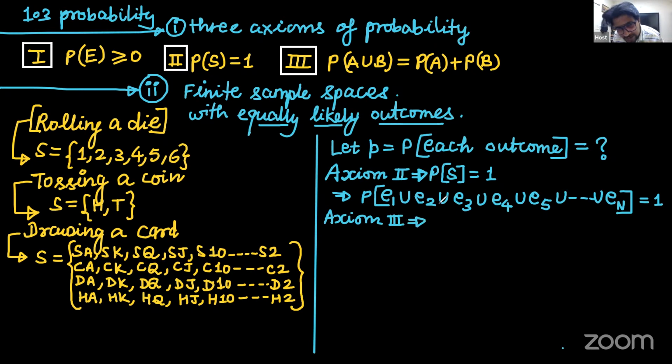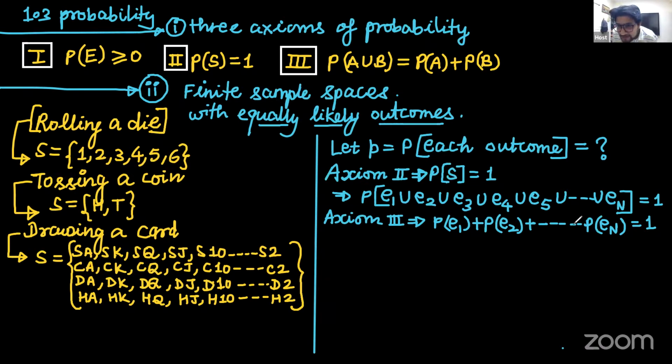Axiom number 3 says that if one event is mutually exclusive to the second, and to the third, fourth, fifth, and nth, then the probability of their union will be P of E1 plus P of E2 plus P of E3 plus and so on up to P of En, which is equal to 1.